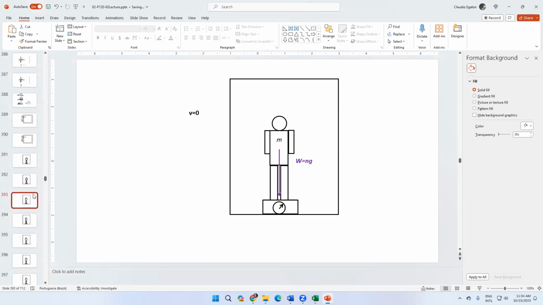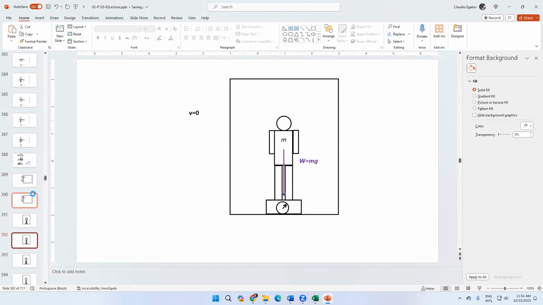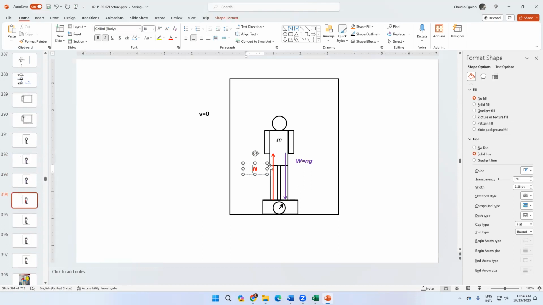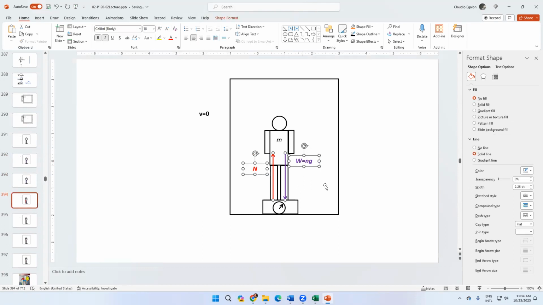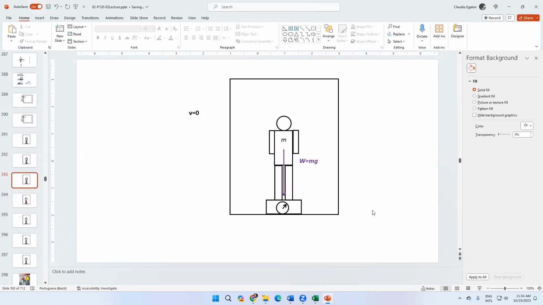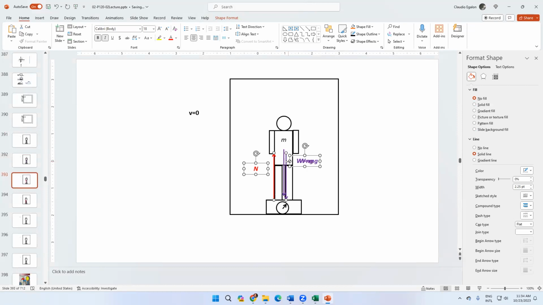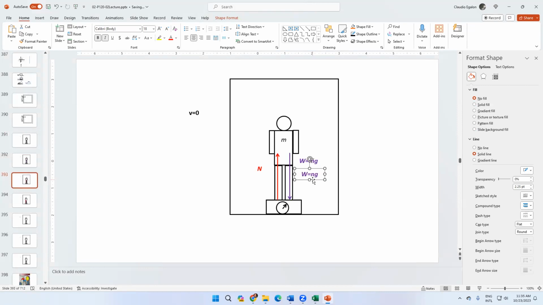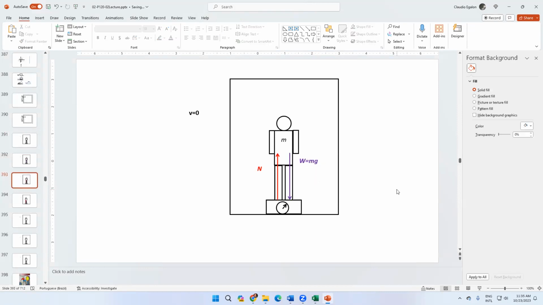The weight is always there, and something else is going to be there. It's going to be the normal force as well. Now I'm just changing the position of the weight so you can see those forces more easily, right? Now I can remove the previous force that you have here. Get used to doing those drawings.